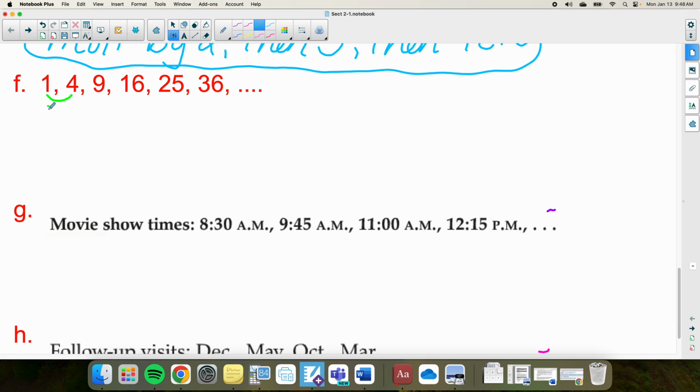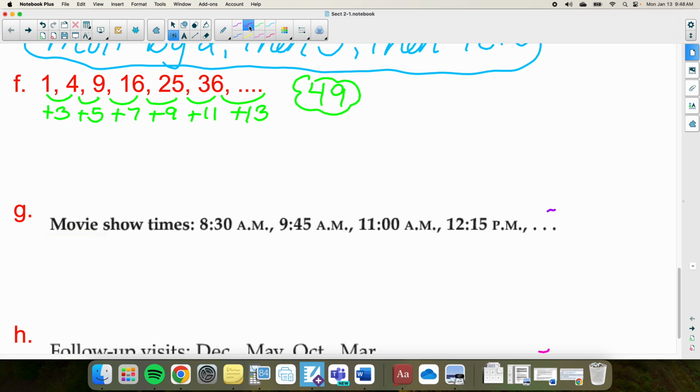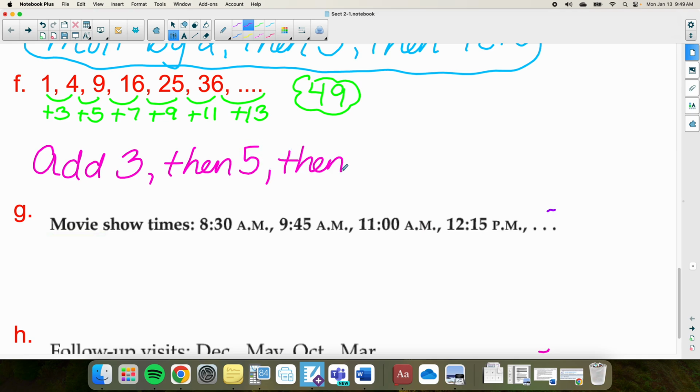So here you're adding 3, then 5, then 7, then 9, then 11. So the next one we would add 13, and 36 plus 13 is 49. Okay. And then again, I would just say add 3, then 5, then 7, etc.